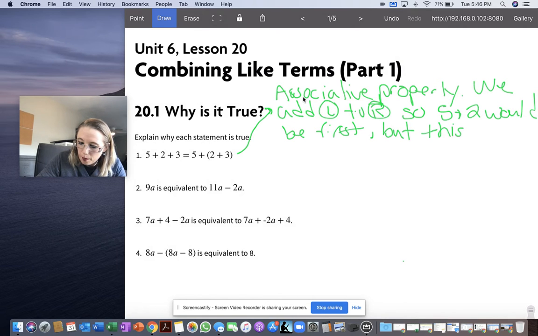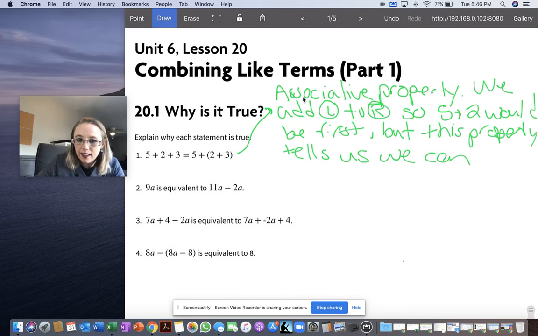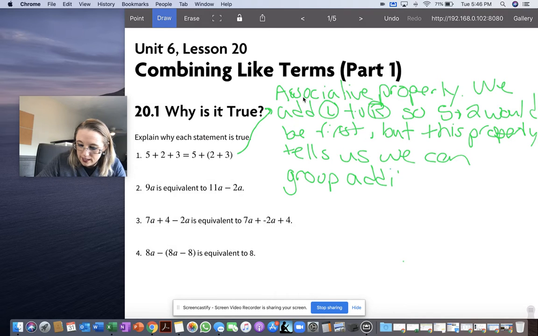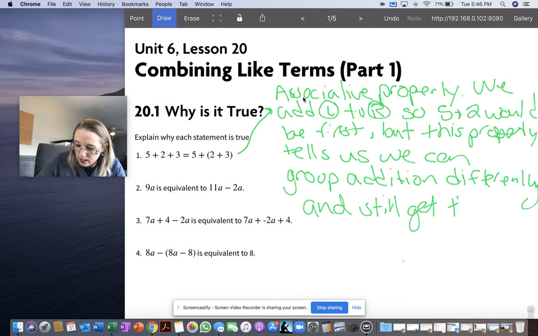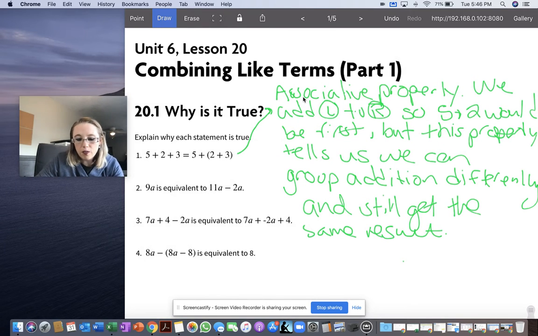But this property tells us we can group addition differently and still get the same result. Okay? So pause the video here so you can write that down.